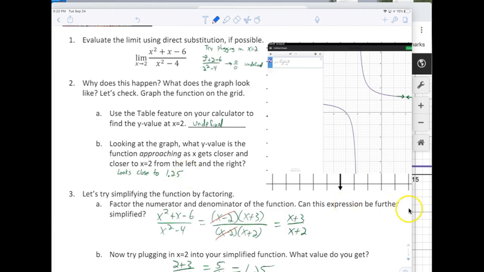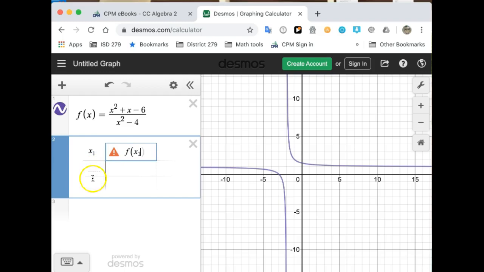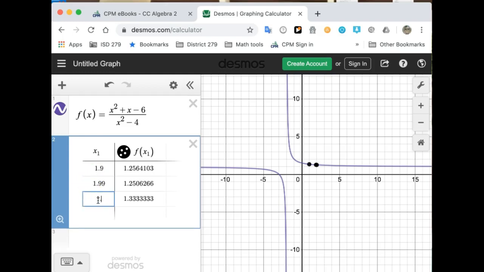We could make a table, and I'm going to change this to f of x1, and we could type in values extremely close to 2 like 1.9 or 1.99, 1.999.